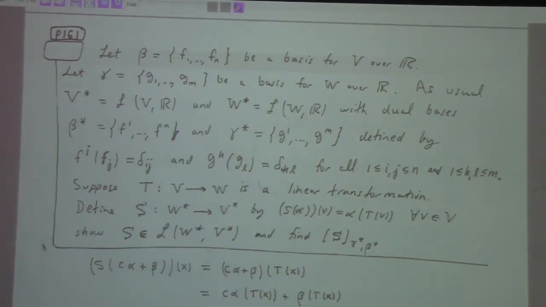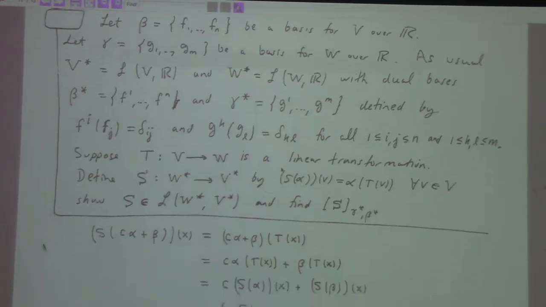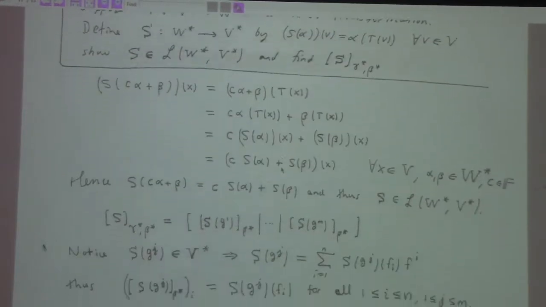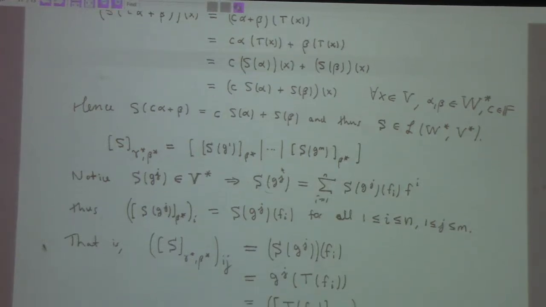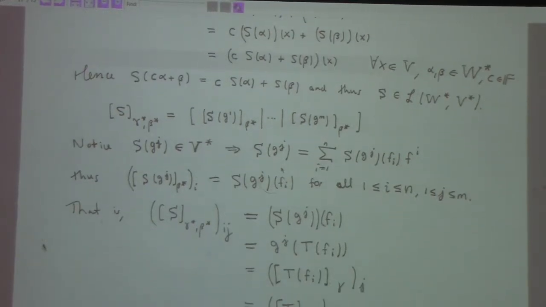And this construction is called the, I think it's called the, well, is it the adjoint? Or is it, I don't, the terminology varies. Sometimes it's called the adjoint. I might call it the transpose. The reason for that is fairly obvious as you go on here. So there's a proof that it's linear, yay. And then the matrix of S with respect to the dual bases would be that. And let's see here.